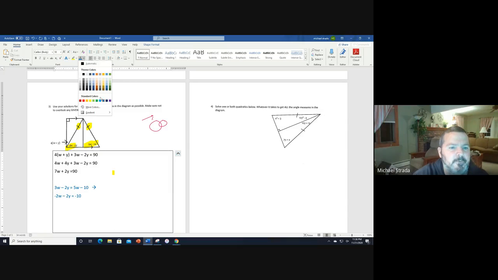All right, so part 3 is the systems part. So I'm going to take the top one, which is 7w plus 2y equals 90. The one there, negative 2w minus 2y equals negative 10.